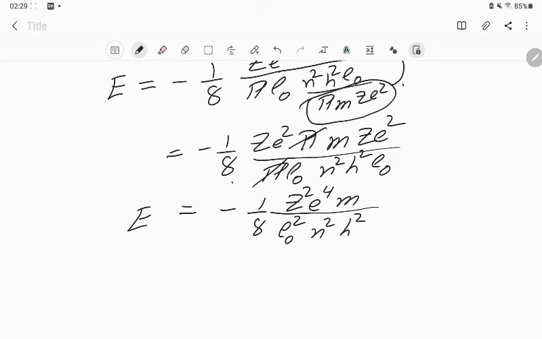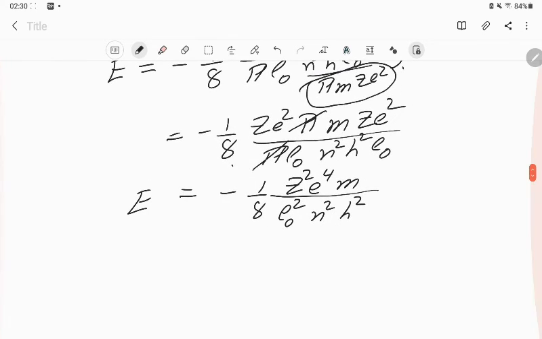For hydrogen Z is constant, 1. And the electron charge e is also a fixed number, so it is also a constant. Epsilon naught is also a constant. h is the Planck constant. So we have constant divided by n squared. The only variable is this n squared.